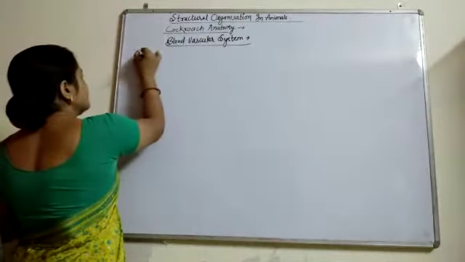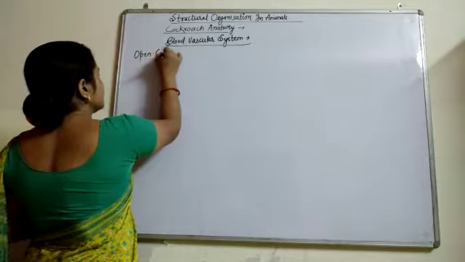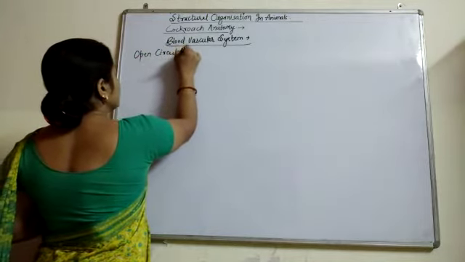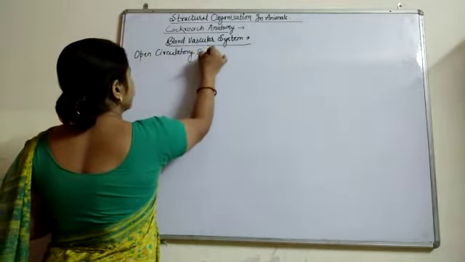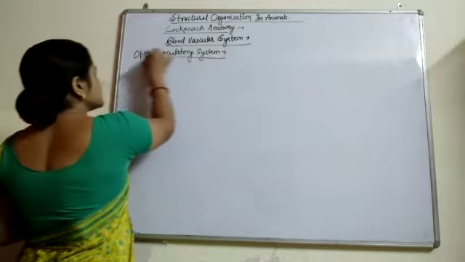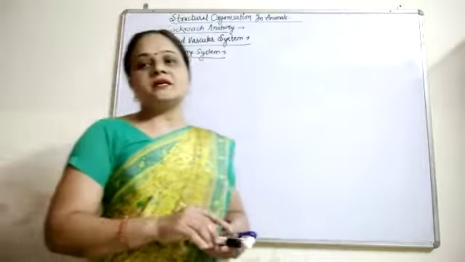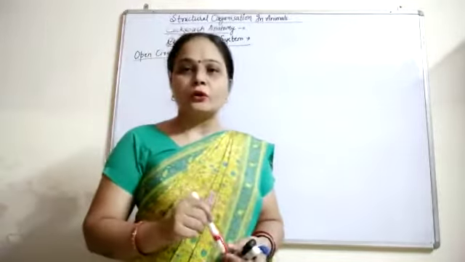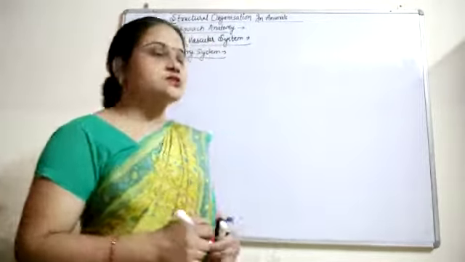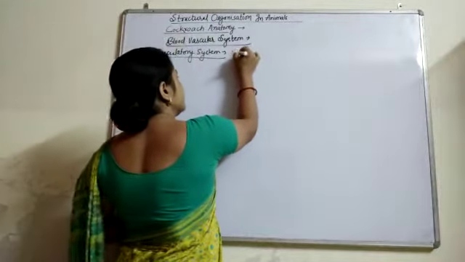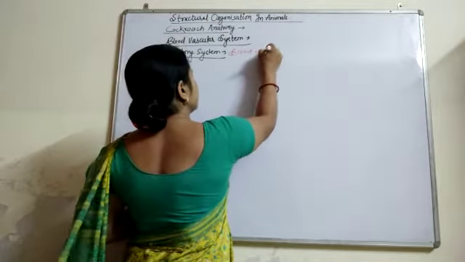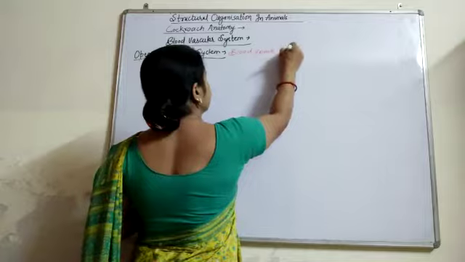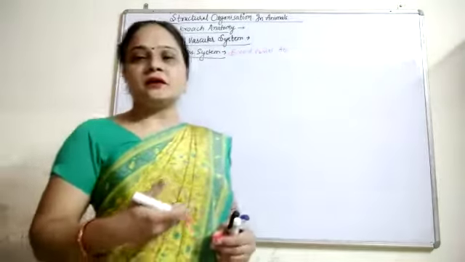Open circulatory system means blood vessels are absent, not present in this vascular system. Then how is the blood transported?